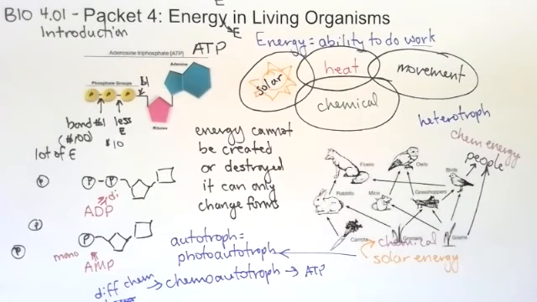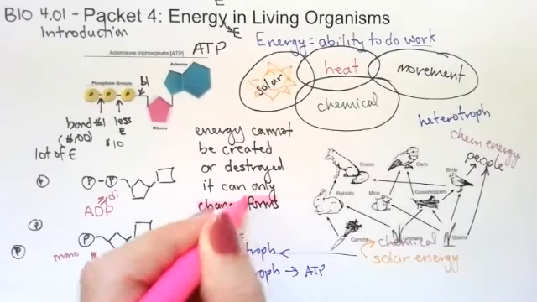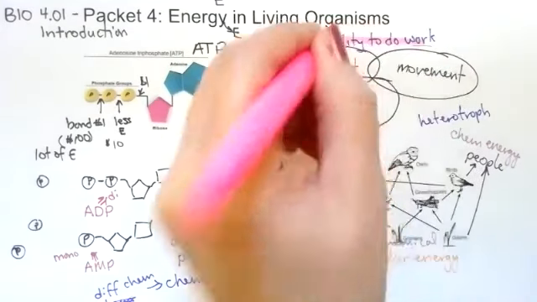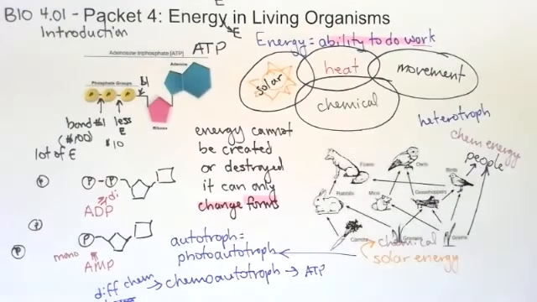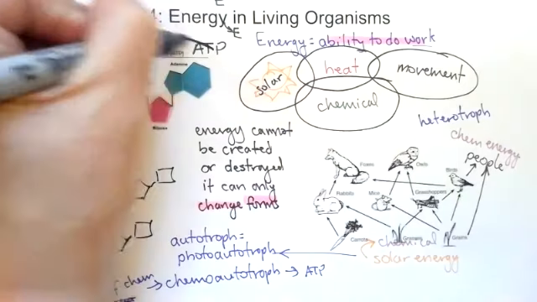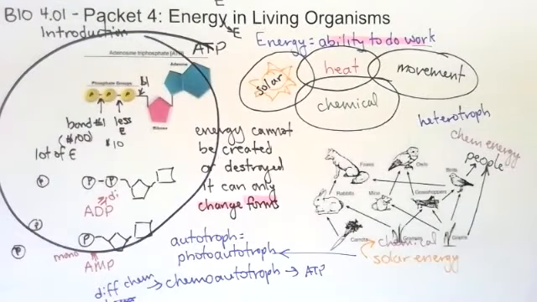Right here. I'm gonna get out my highlighter. And we said it's the ability to get something done. The main form of chemical energy that organisms use is ATP. So this is our chemical energy.